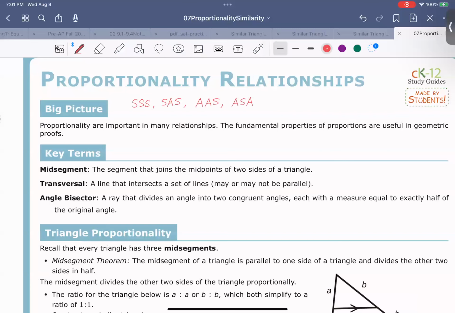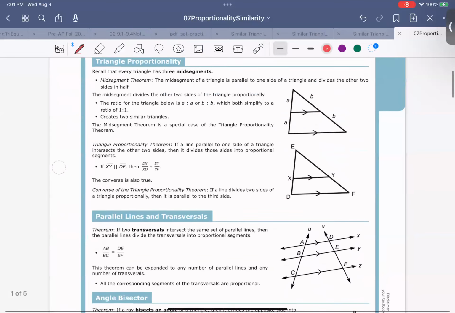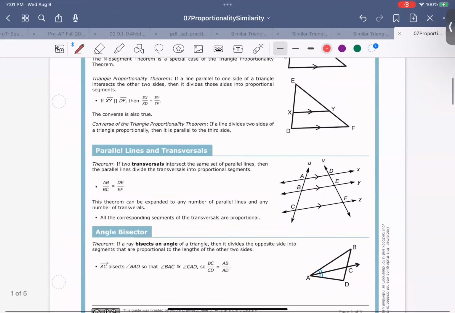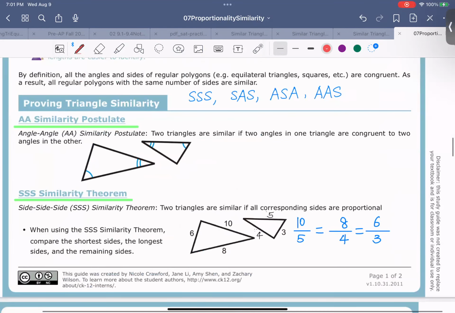But what will happen if you only know the angles are congruent? We already mentioned the three theorems last class. Number one, if you have two angles equal, so here you have this angle equals this angle, and the second angle equals this one, you can prove these two triangles are similar.